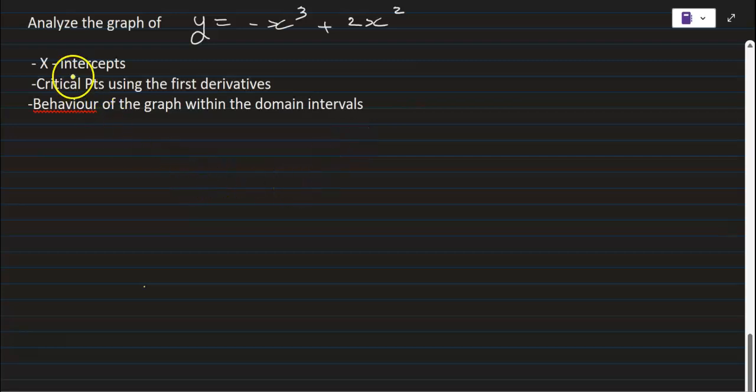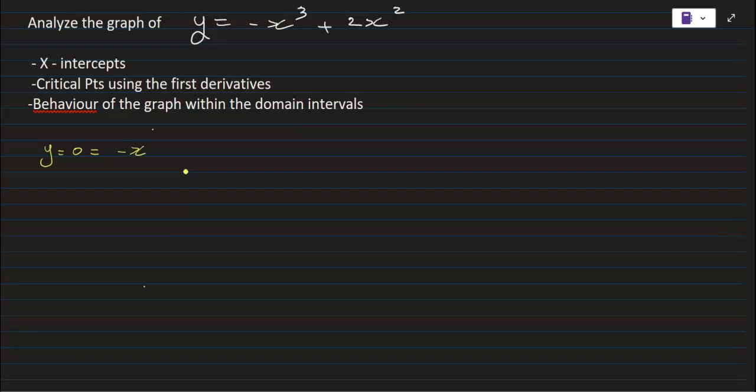The first thing, we're going to find x-intercepts, and that is quite straightforward. You just have to set the function equal to 0, so y equals 0. We are just going to use simple factoring, and the GCF is x squared, so that would be x squared times minus x plus 2, set equal to 0.